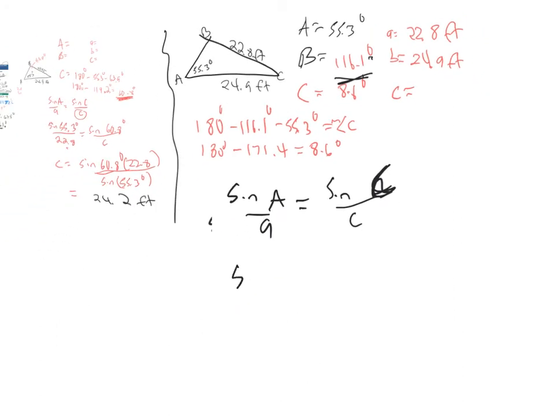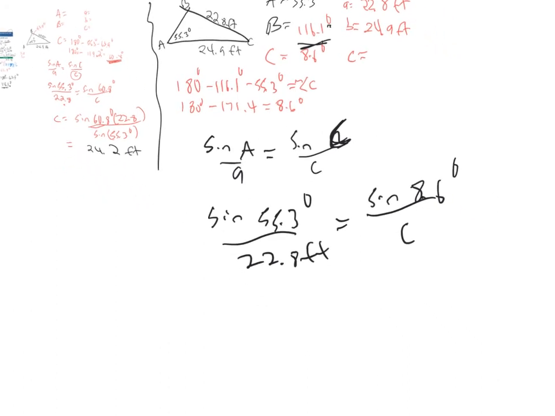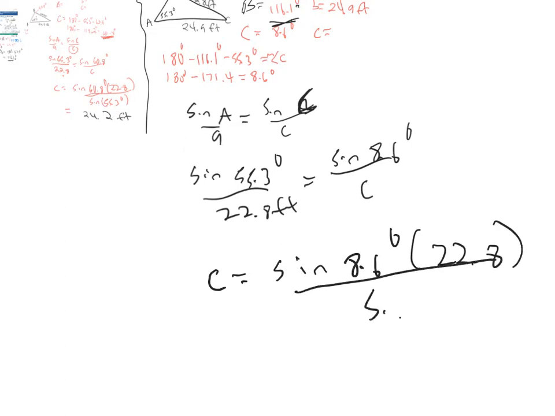Here goes again. Sine of 55.3 degrees over 22.8 feet equals sine of 8.6 degrees over C. I'm getting kind of tired of this problem because I thought it was long enough to begin with. So cross multiply and divide. C is equal to sine of 8.6 degrees times 22.8 feet over sine of 55.3 degrees.